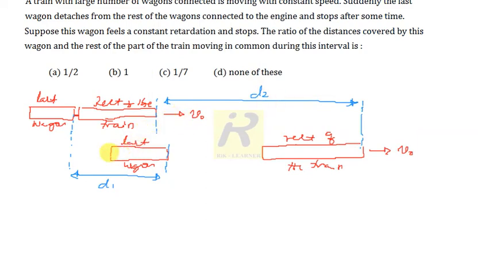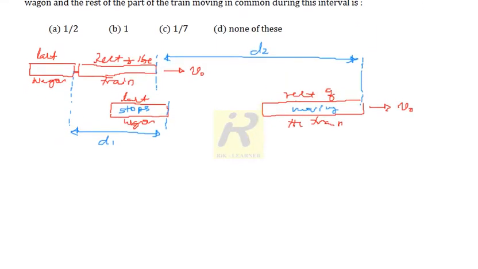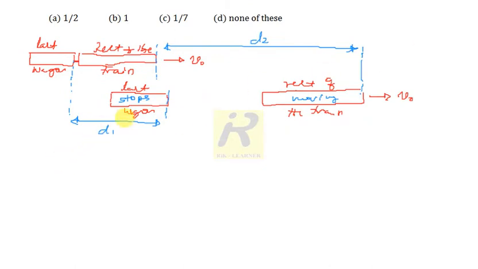The last wagon stops here, but the rest of the train is still moving. So what we have to find is the distance ratio, that is d1 by d2. This is the aim we have now.